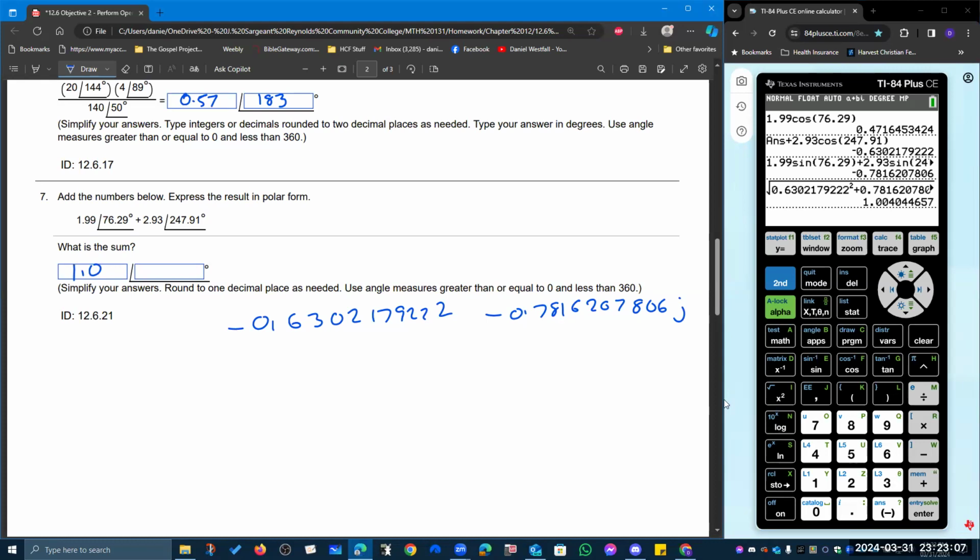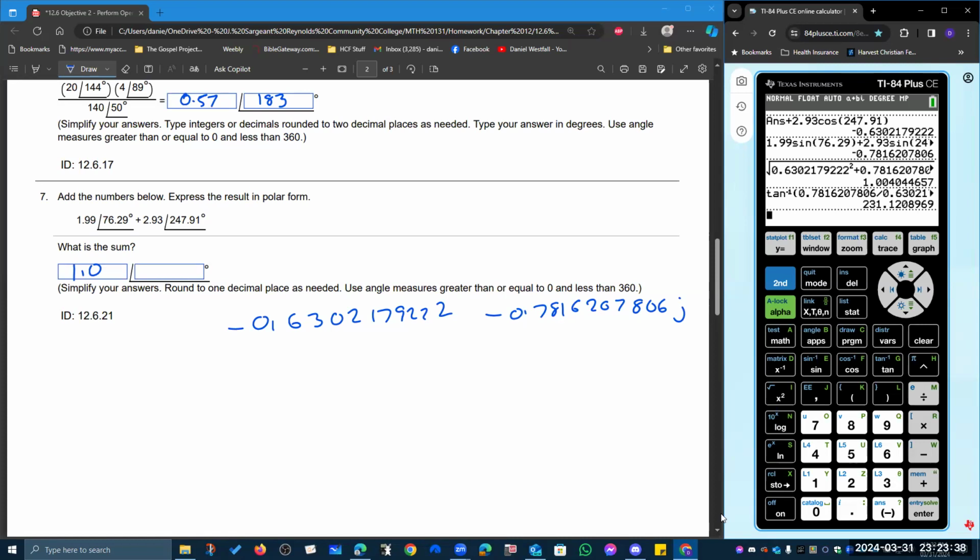X and Y are both negative, so I should be in quadrant 3. Arc tangent of 0.7816207806. I'm not putting the negatives because they're both negative. They're going to cancel each other out. I'm just going to know that I need to add 180 degrees to this to get it into quadrant 3, and I get 231.1.